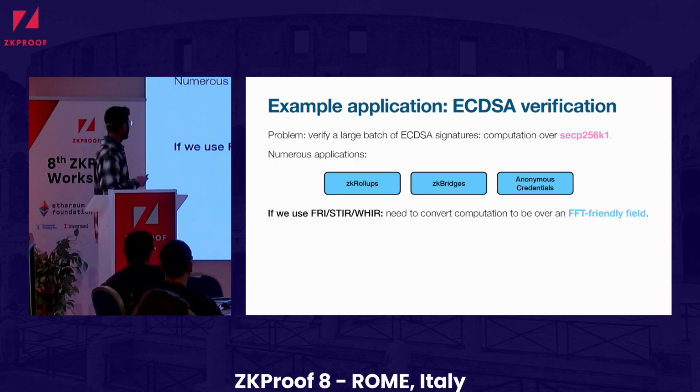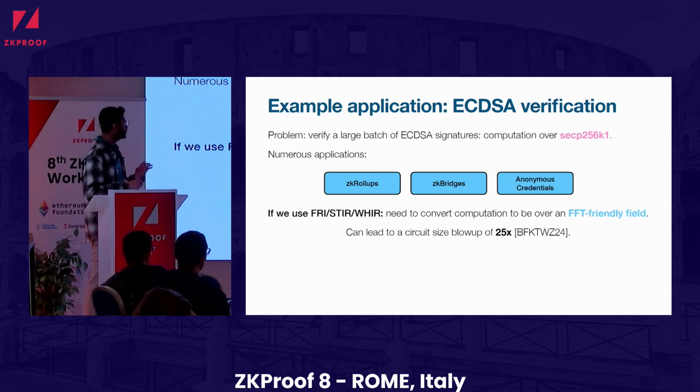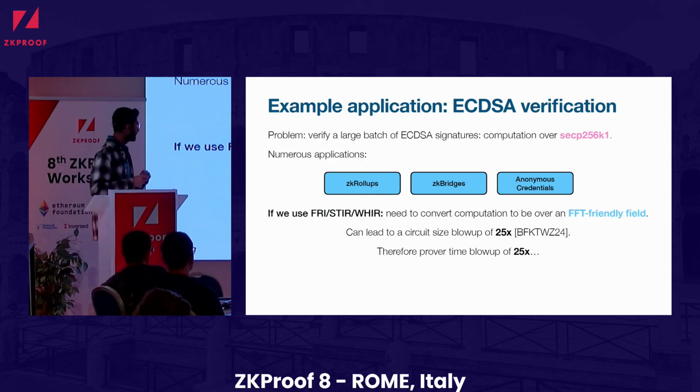If we use something like FRI, STIR, or WHIR, then we would need to convert the computation to be over an FFT-friendly field. This can lead to a pretty big circuit size blow-up, close to 25x. Therefore, you would also have a prover time that blows up by 25x as well.